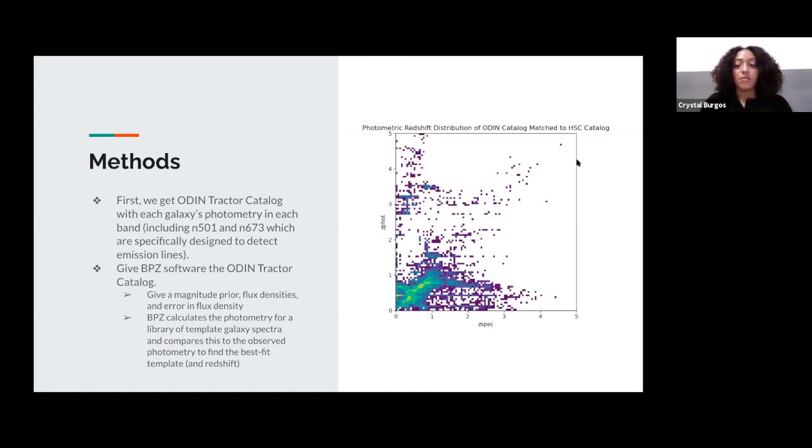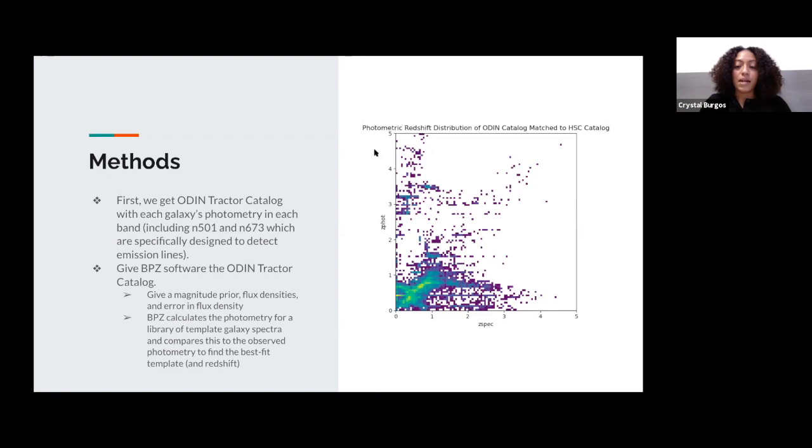So to start, we had these two catalogs besides our own ODIN catalog. We also have the HSC catalog, which is very useful because it already has redshifts recorded in the catalog. So we found galaxies that were common to both of these catalogs, and then we fed them into BPZ.